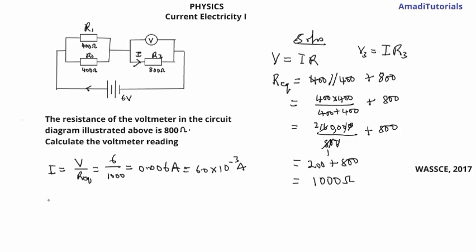So our V3, that's the voltage across the voltmeter, across the 800 ohms resistor, which will be the reading of the voltmeter, will be equal to our current times the resistance, which is R3.